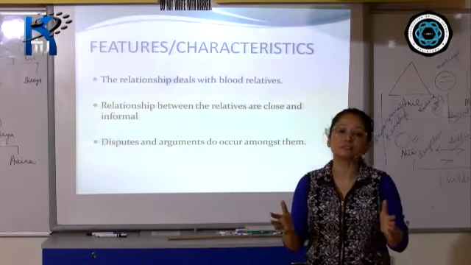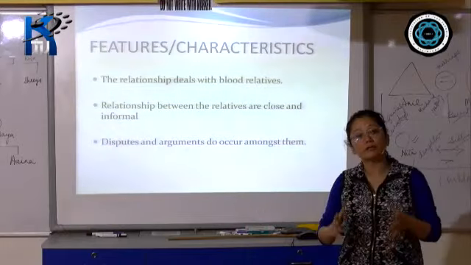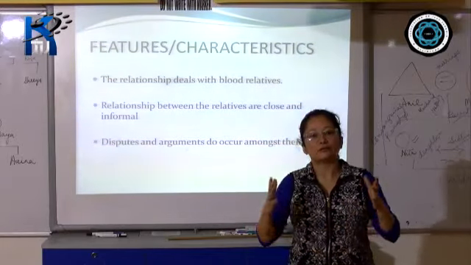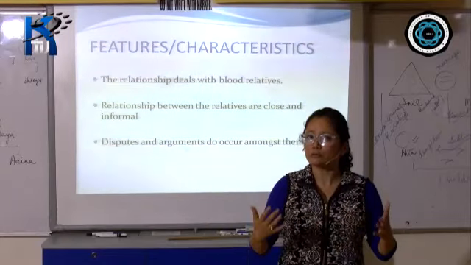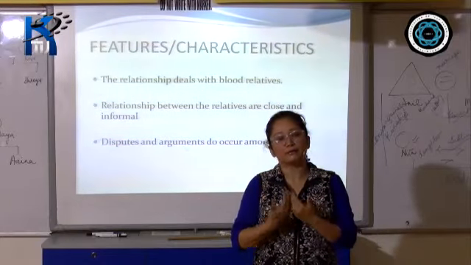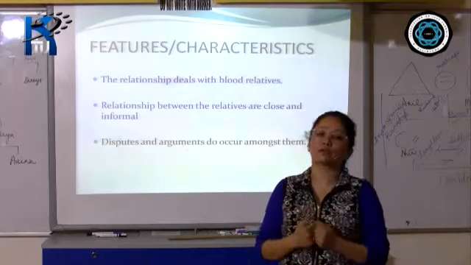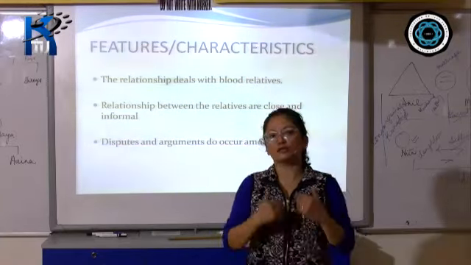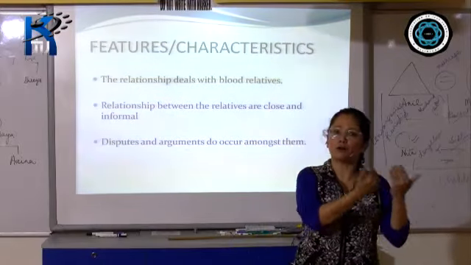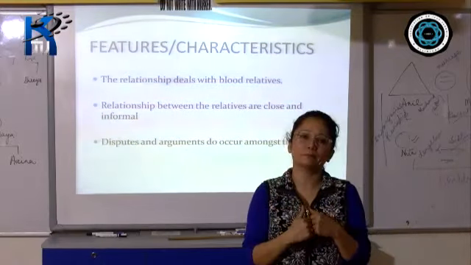So this is the interesting part about consanguineal relationship also. It's not that you are going to have happy days all the time. Just remember your own families. You might have one uncle not talking to the other. You might have jealousy amongst the cousins. You might have one aunt who is always tattling or complaining.